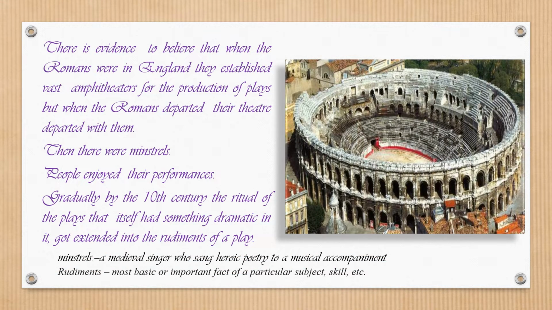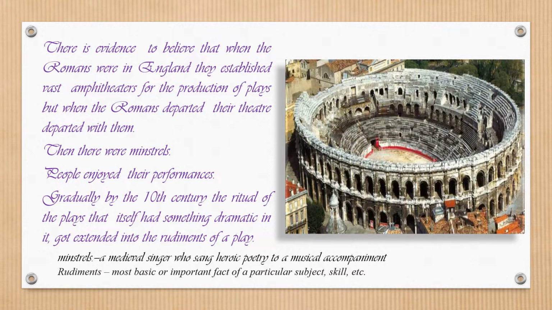There is evidence to believe that when the Romans were in England, they established vast amphitheaters for the production of plays. But as they went from England, the theatre went with them, and after them there were minstrels. Minstrels are singers who perform along with music, and they usually sing heroic poetry.